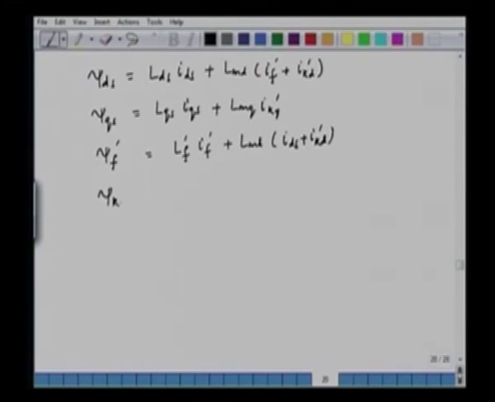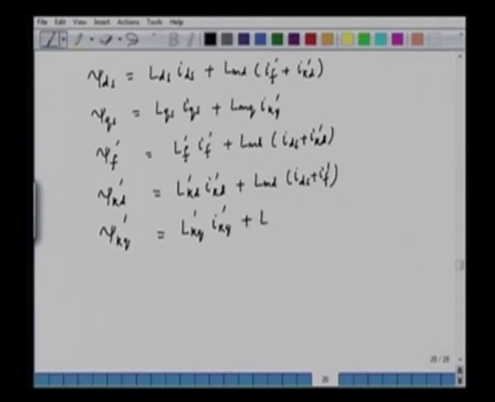The flux linkage in the d axis damper is equal to LKD prime into IKD prime plus LMD into IDS plus IF prime, and the flux linkage in the q axis damper referred from the primary side is LKQ into IKQ prime plus LMQ into IQS.